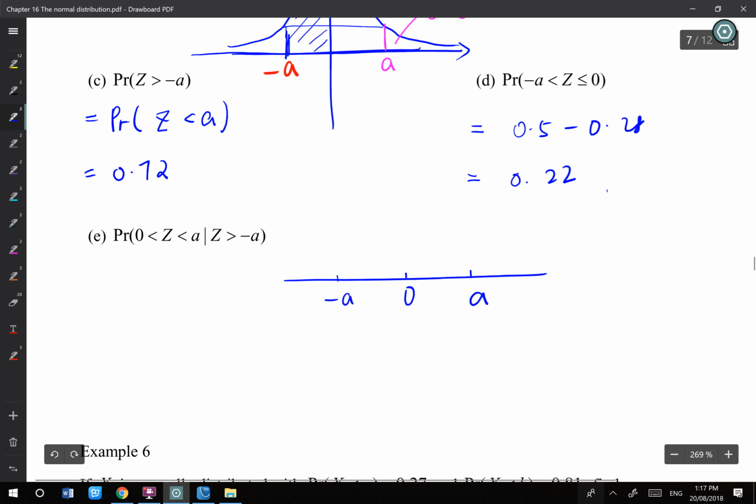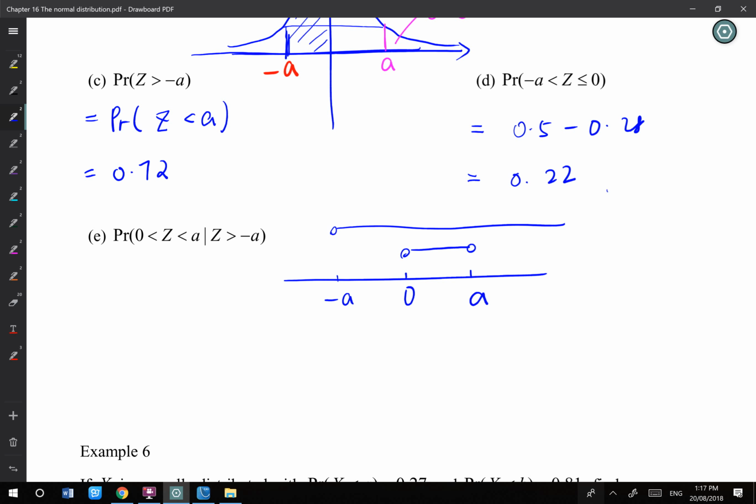For the next one, I need to find the intersection between the two sets. The first set is in between 0 to A, which is here. The next set is greater than negative A, which is that. So the intersection is 0 to A, right?